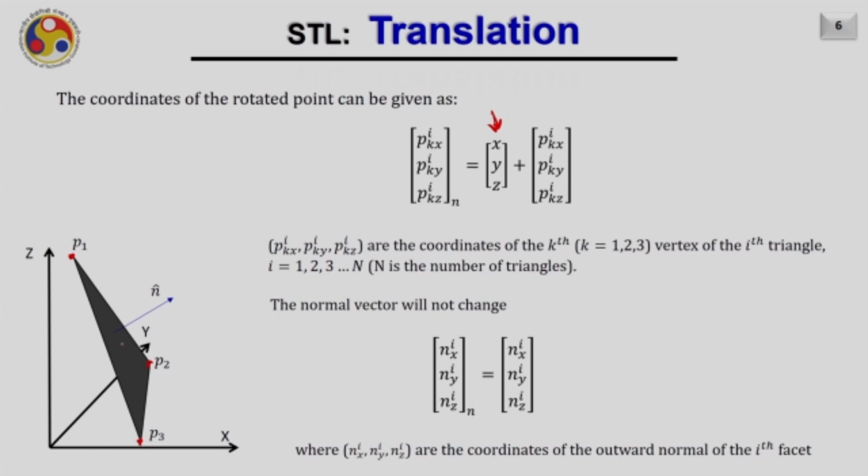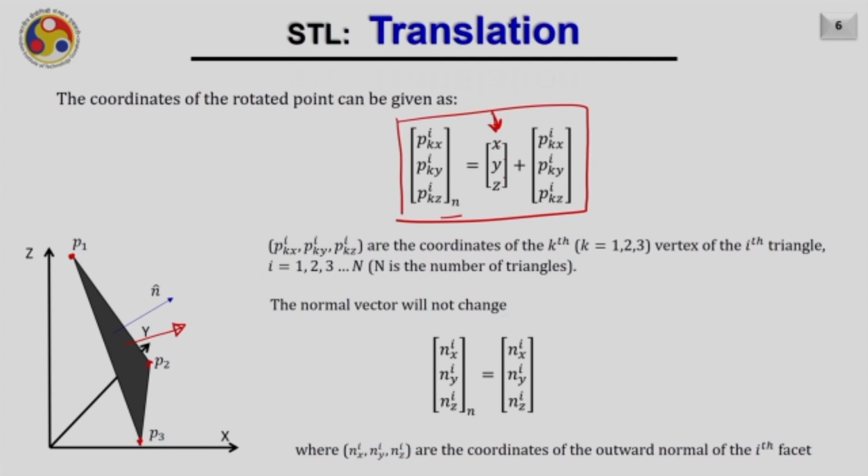If this triangle is moving like this in any direction and it moves x, y and z in the different components, then the new points will be represented by this equation, where, as I have already mentioned, pikx, piky, pikz are the coordinates of the kth vertex of the ith triangle, where n is the number of triangles.